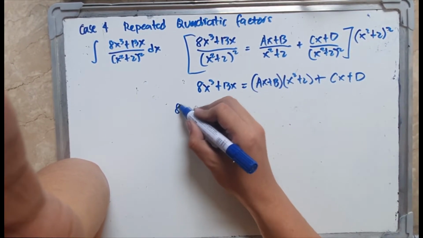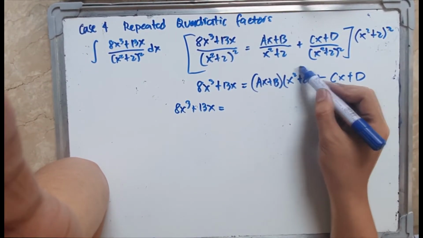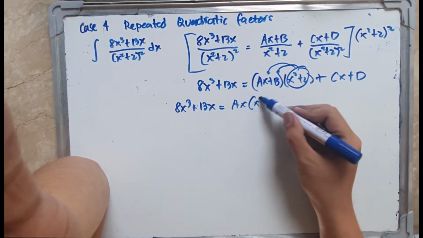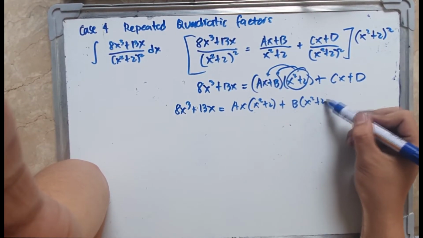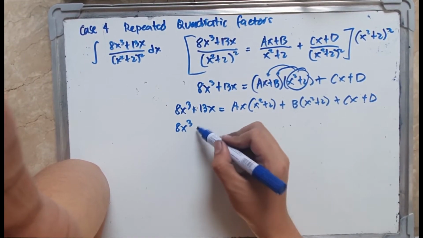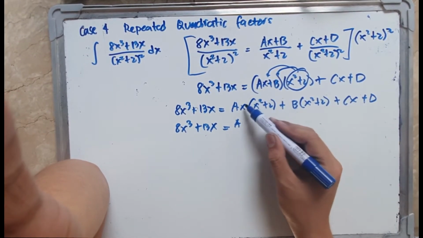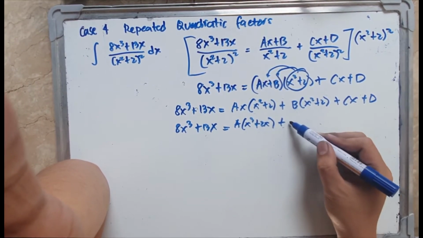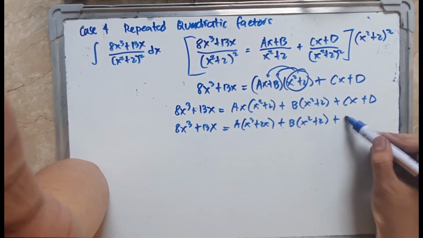So we have 8x cubed plus 13x equals, separating this one with a and b, ax times x squared plus 2 plus b times x squared plus 2 plus cx plus d. 8x cubed plus 13x equals a, distribute inside, x cubed plus 2x, plus b times x squared plus 2, plus cx plus d.